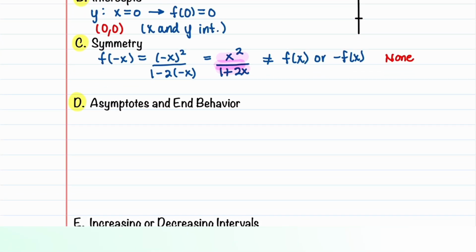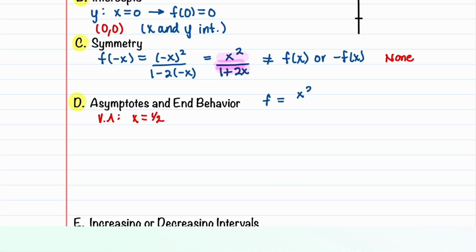Now let's think about asymptotes and end behavior. We already found that we have one asymptote. We have a vertical asymptote, x is equal to 1/2. Now we have to think about other asymptotes. Let me go ahead and rewrite our function so we can have it in front of us.